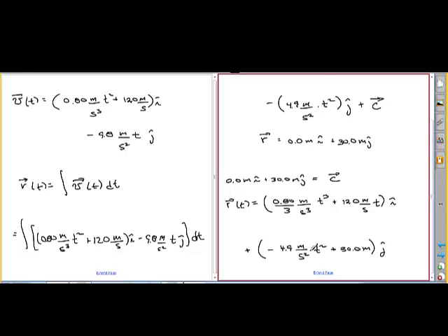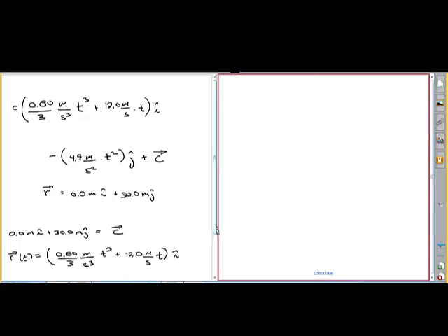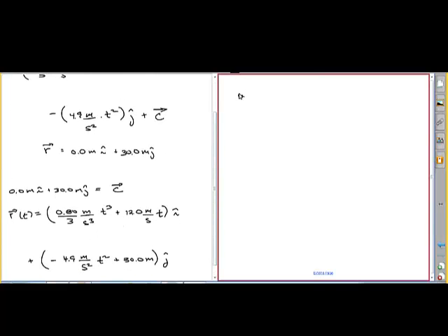Now, what they're asking in this problem is, what horizontal distance does the rocket travel before reaching the ground? So to do that, we're going to use when r sub y equals 0 meters. You have to figure out at what time this goes to 0.